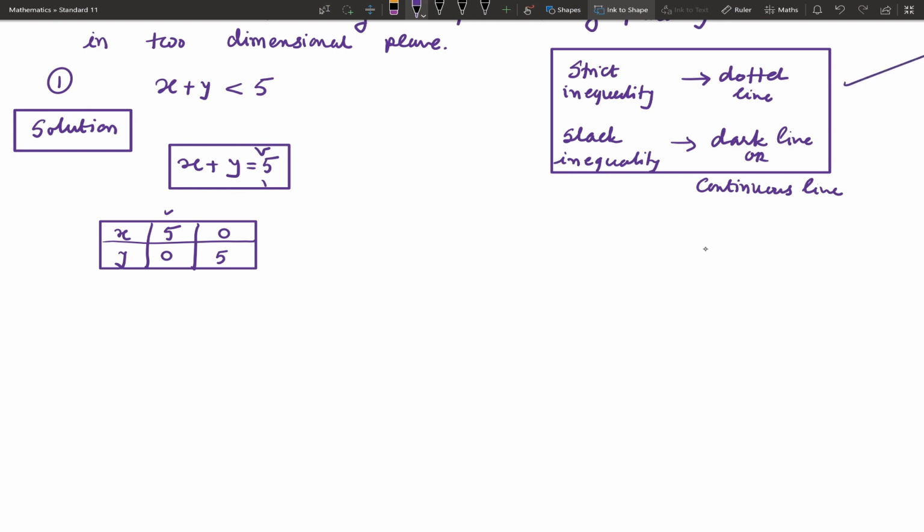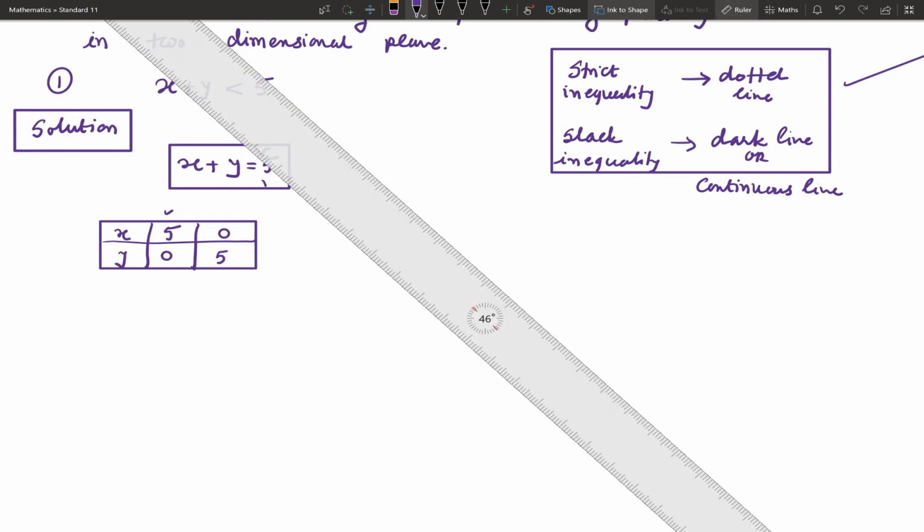So now we get the solution through the graph.